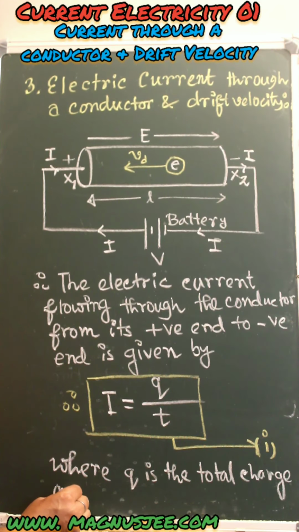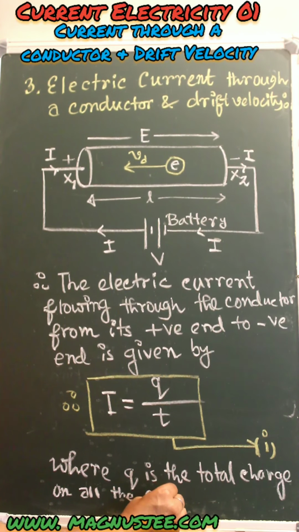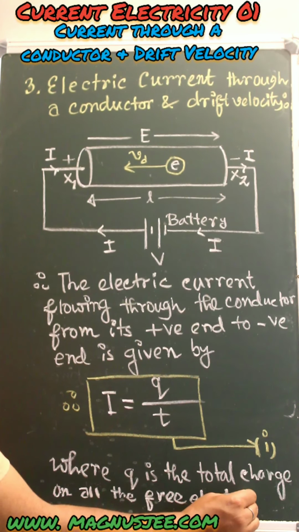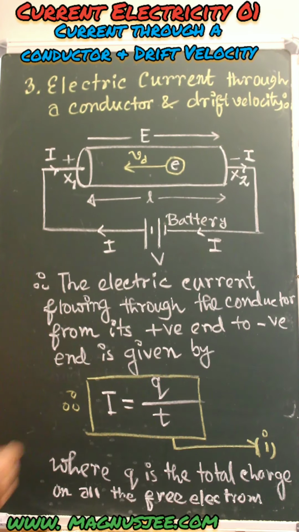The conductor contains n number of free electrons and Q is the total charge on all the free electrons.